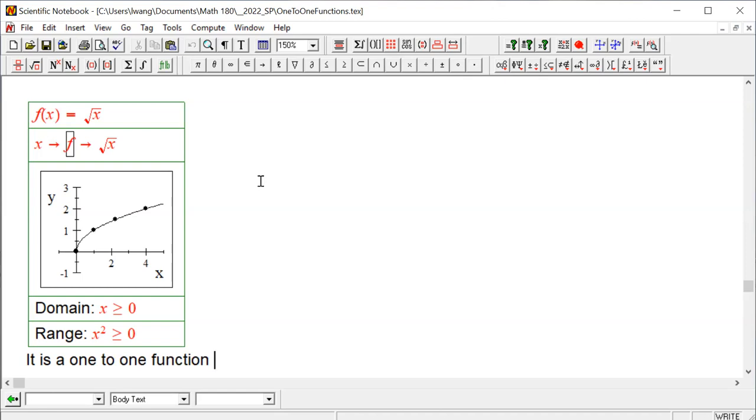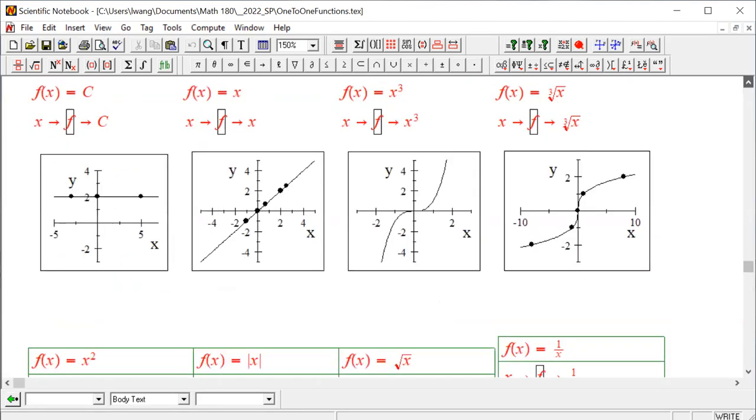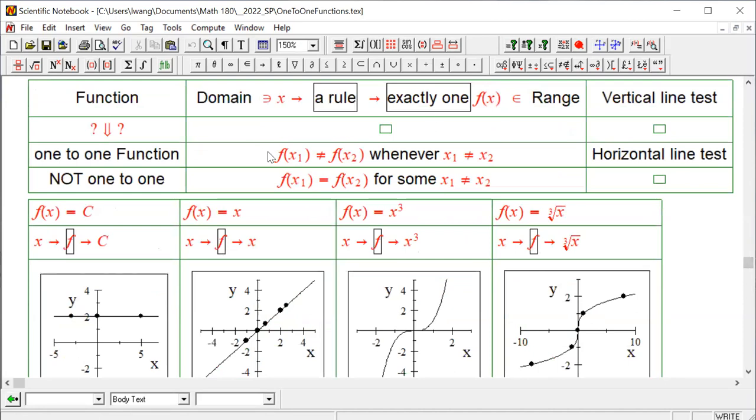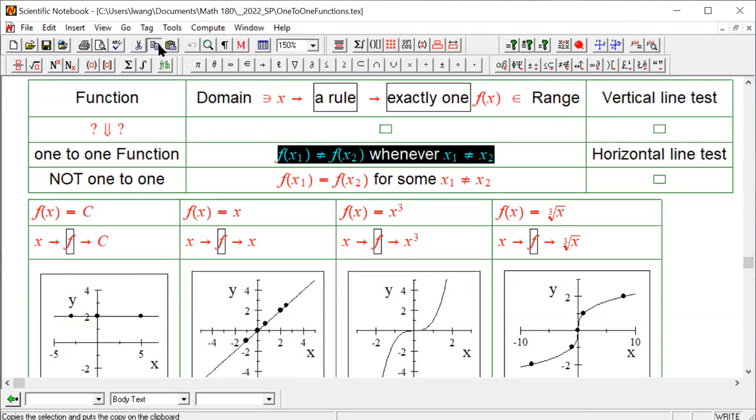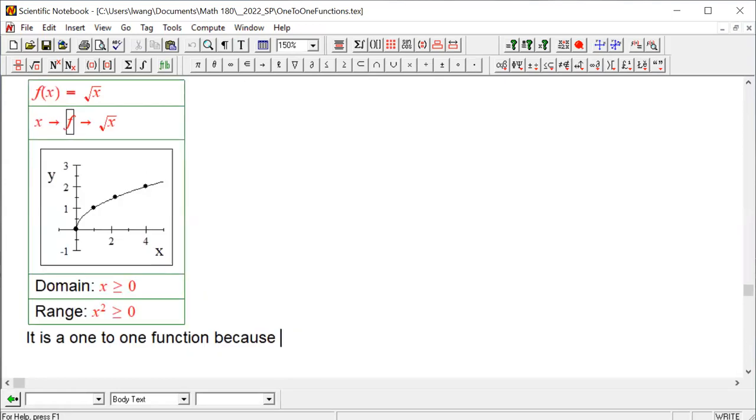Okay, because of what? We just have to cite the definition. So on the one hand, we apply the definition. On the other hand, we're also going to apply the actual rule of the function. So whenever x1 is not the same as x2, but we have to cite the domain here.